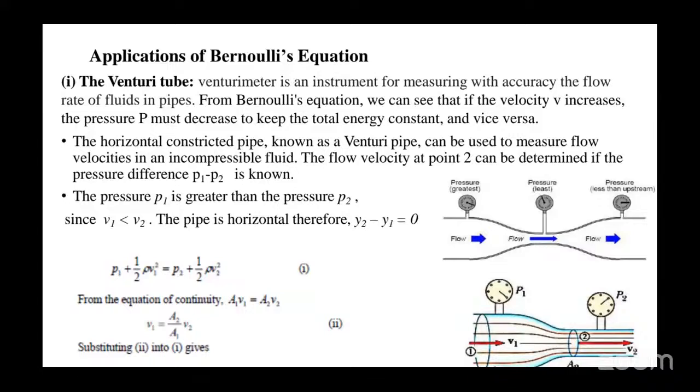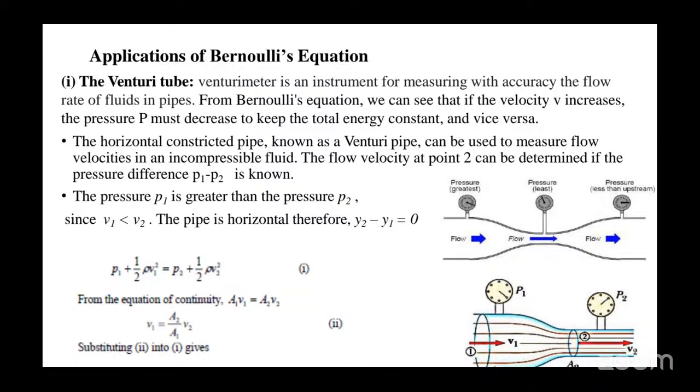Now, with this expression, if we are asked to find the speed at which the fluid is flowing, either entering or leaving, if one of the speeds is known, that is, if we know the speed at which the fluid is entering, we can determine the speed at which the fluid is leaving.